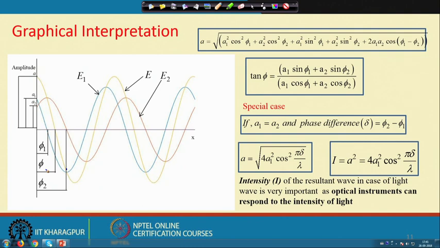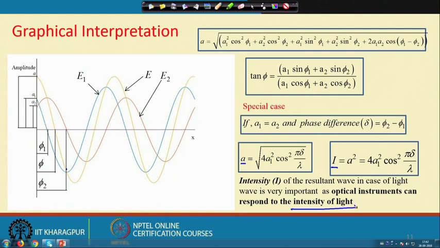Now, in a special case when the phase difference, phi 2 minus phi 1, I consider as delta, and A1 and A2 are equal, then we get the magnitude as this, and I is the intensity, that is the square of this magnitude. The intensity of the resultant wave in the case of a light wave is very important, as an optical instrument can respond to the intensity of the light.